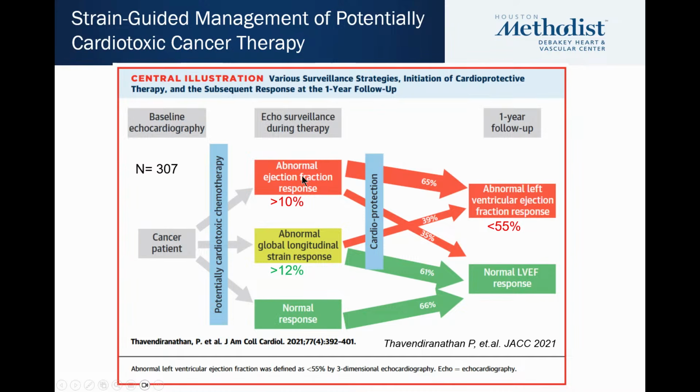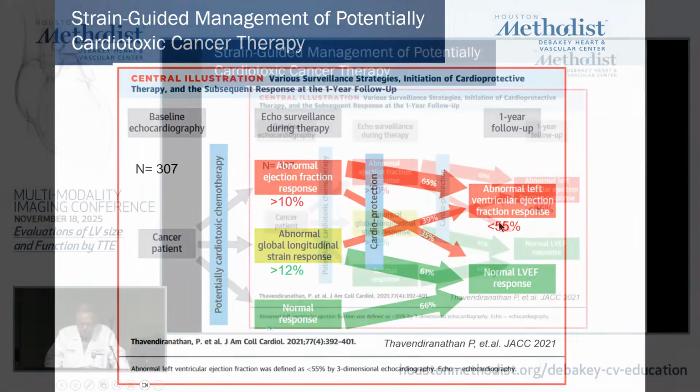So if we look at the group that was treated based on the EF, even with cardioprotection, 2/3 of them continued to migrate to an EF less than 55%. They all started with obviously very good EF, okay?